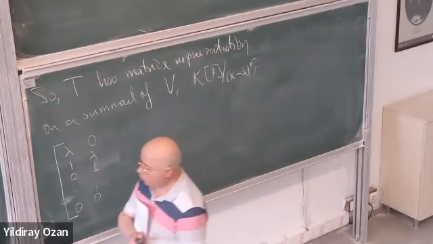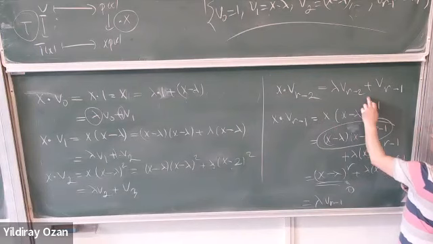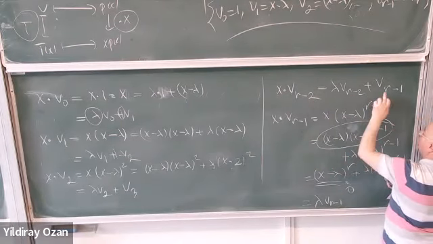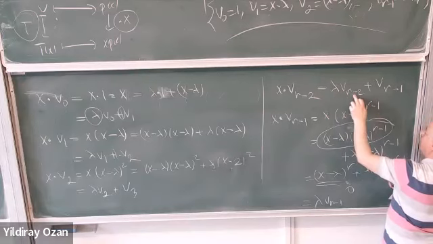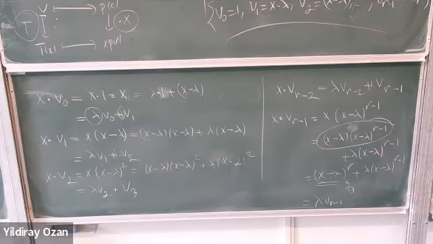And then it will go like this. The one just before the last one, so v r minus 2, is mapped to lambda times v r minus 2 plus 1 times v r minus 1. So it goes like this.